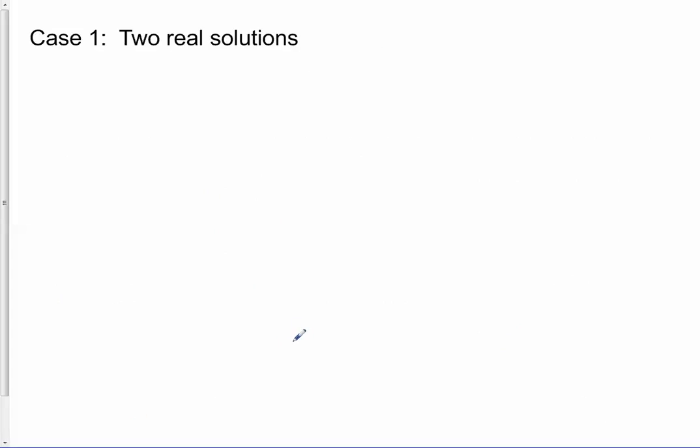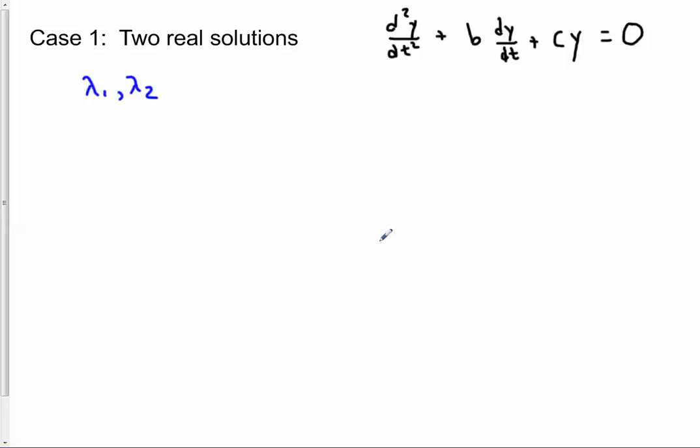So, two real solutions. Let's say that when you solve the characteristic equation, you get two real solutions, and let's call them lambda 1 and lambda 2. So those are actual concrete numbers.